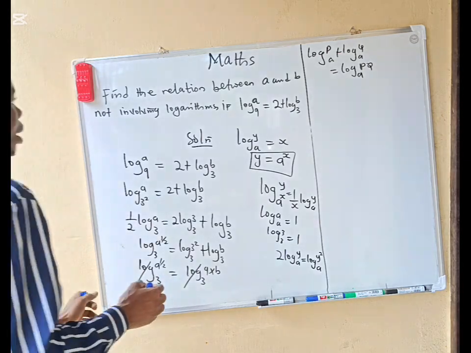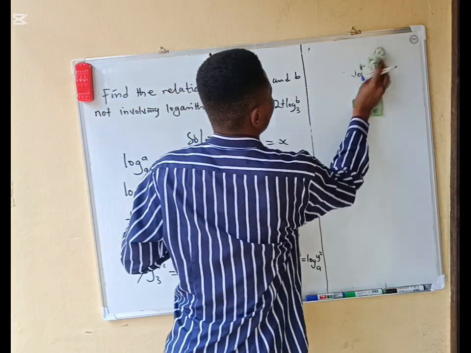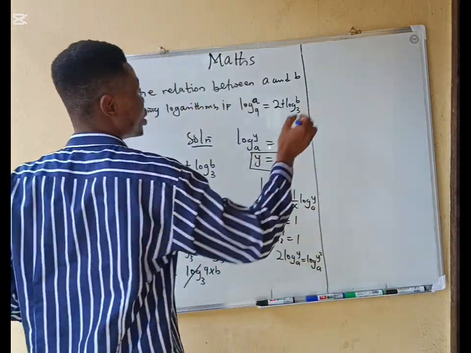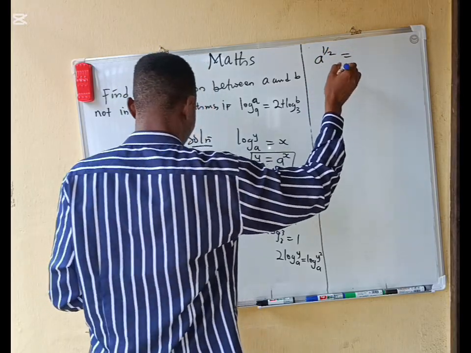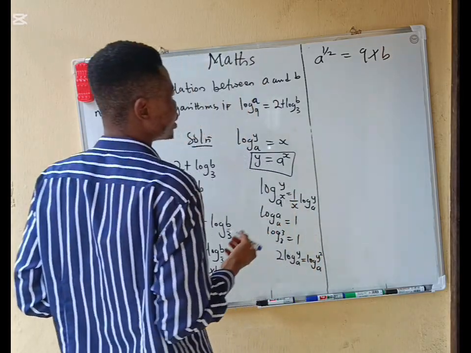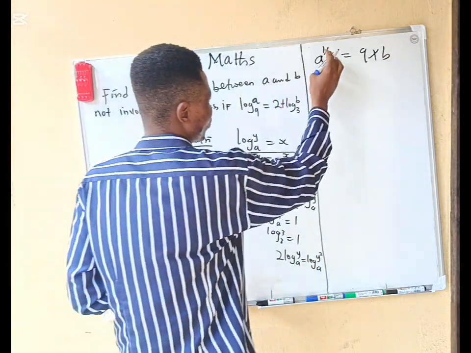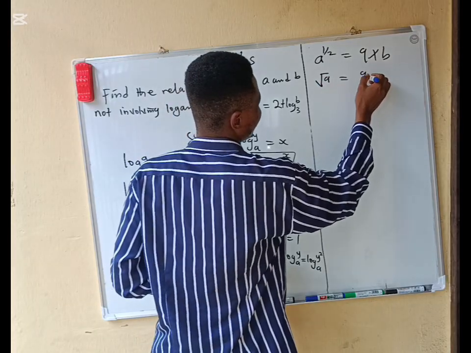So we can now have that a power 1 over 2 equals 9 times b. In this case, what do we do? Remember that this 1 over 2 is the same thing as saying square root of a equals 9 times b.